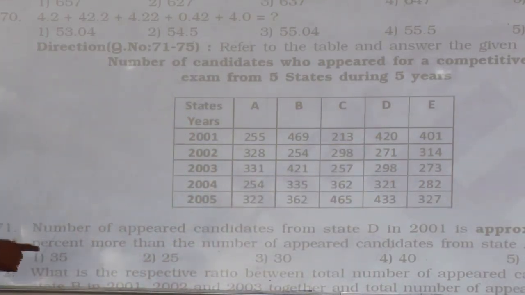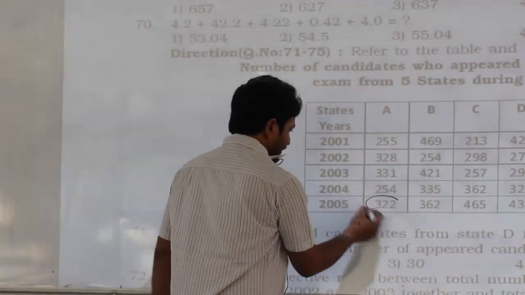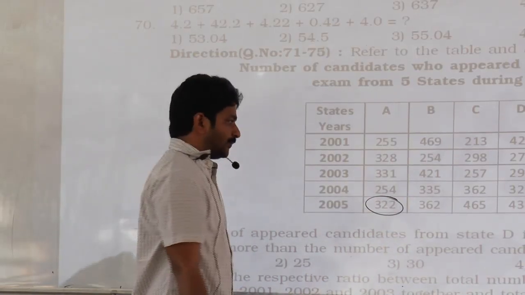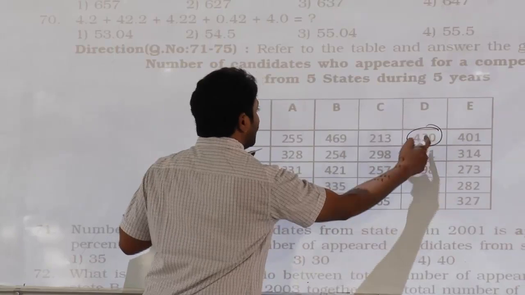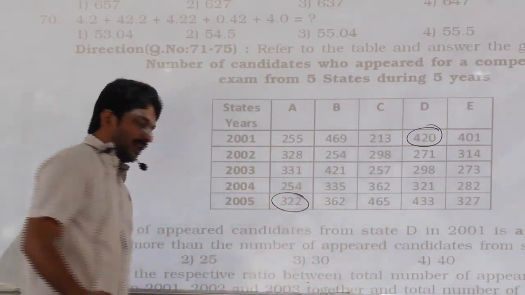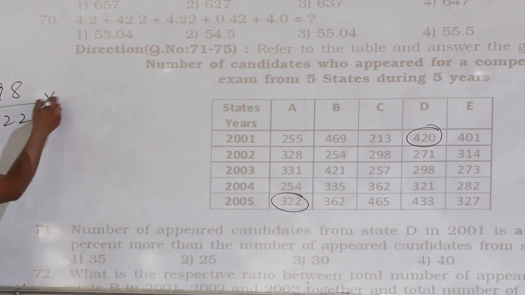State A in 2005, 322. 420 is how much more than 322? 98. 98 more than 322, as a percentage, right?